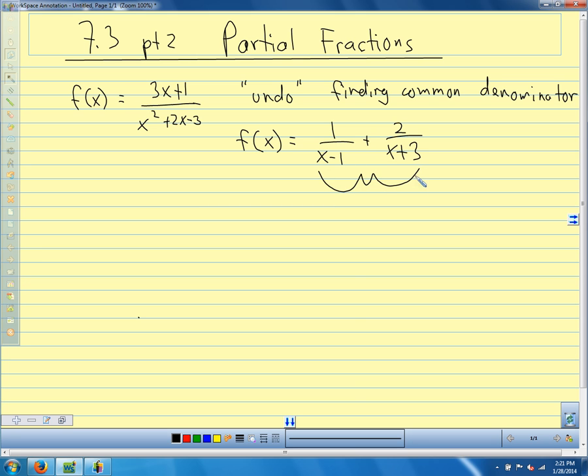We call each piece of these a partial fraction. So each one of these is a partial fraction of this fraction, and we call this whole thing together the partial fraction decomposition.